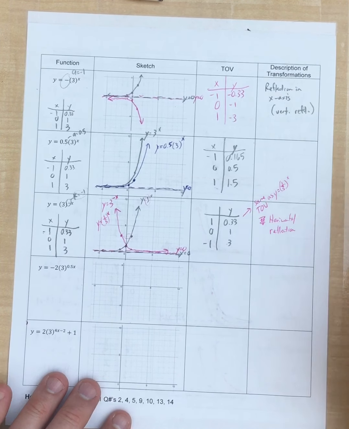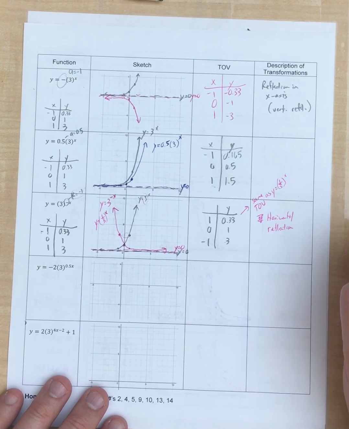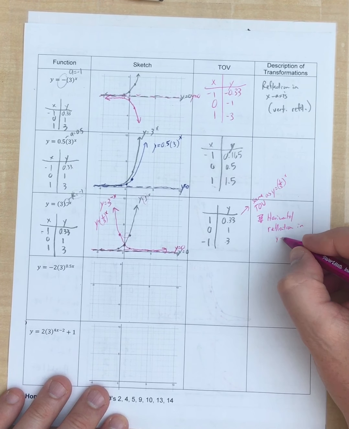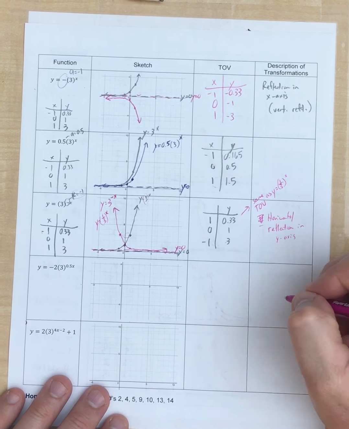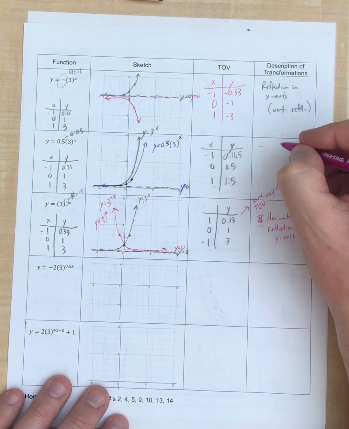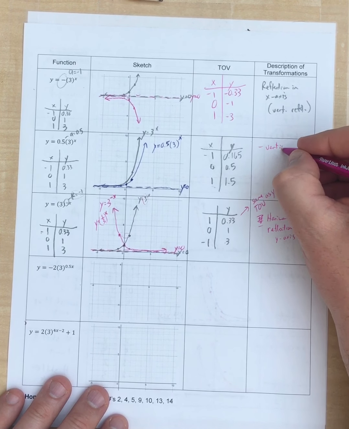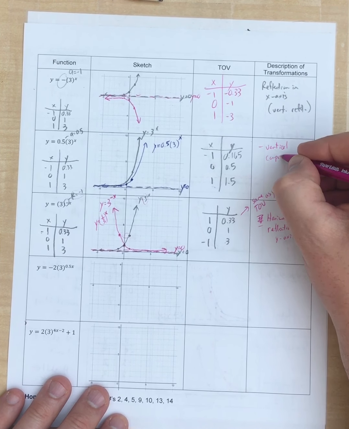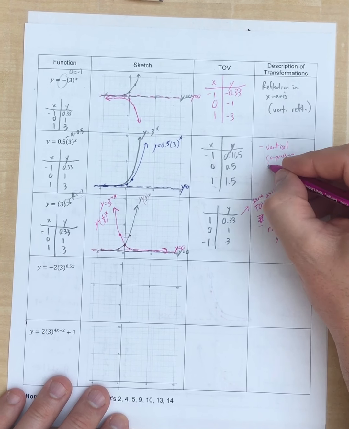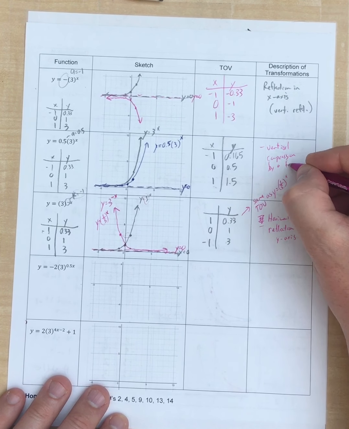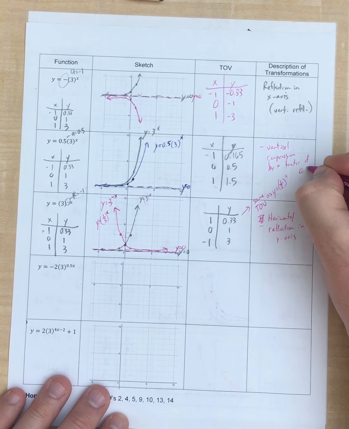And I'll do some nicer notes using my class notes when we do these. A horizontal reflection in the y-axis. And that's it. This one was a vertical compression by a factor of 0.5.